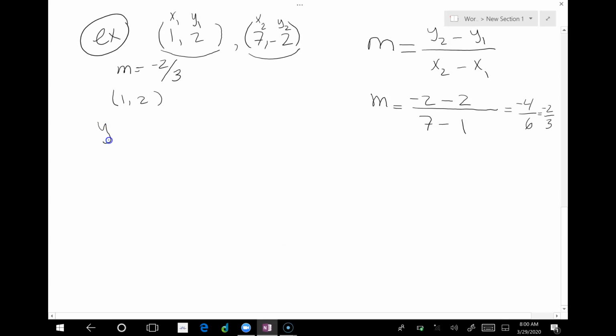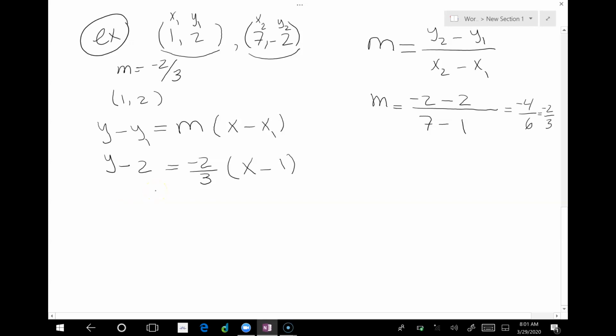So you write the equation, always rewrite the equation before substituting, so that will help you eliminate mistakes. So y minus y1 is equal to m times x minus x1.